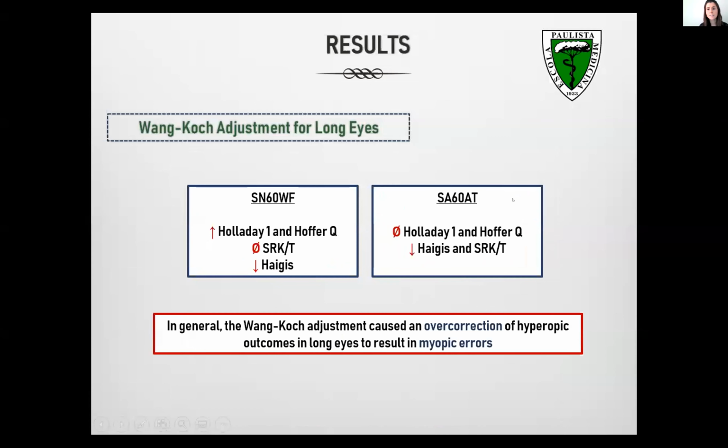With the other lens, the SA60AT, there was no difference in Holladay 1 and Hoffer Q, and it worsened in Huygens and SRK/T. But in general, the one-call adjustment caused an overcorrection of hyperopic outcomes in long eyes, resulting in myopic errors in this study.